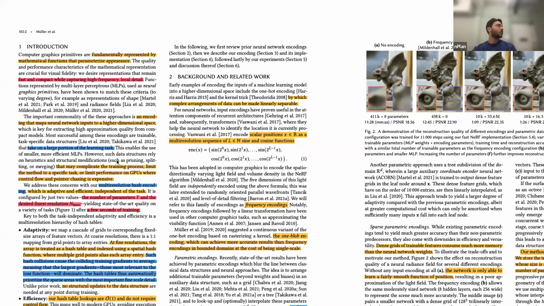And one thing that they say is that in the state of the art approaches, the important commonality of these approaches is an encoding that maps neural network inputs to a higher dimensional space. So for example, you get the pixel location and it maps to a much larger vector, which you learn in order to basically store information, and then you put that through a neural network.